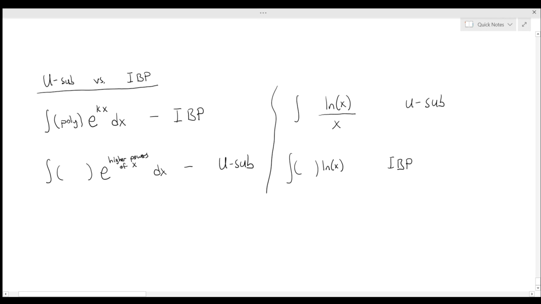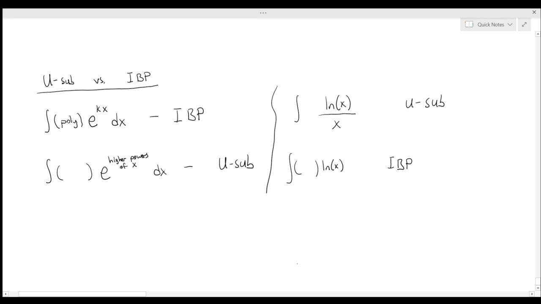That's a rough idea of when you should be doing u-sub versus integration by parts. In general, if there's a natural log and you see its derivative in the integral as well, do a u-sub. If you don't, do integration by parts. Does that answer the question for you? Okay, hope that's good enough.